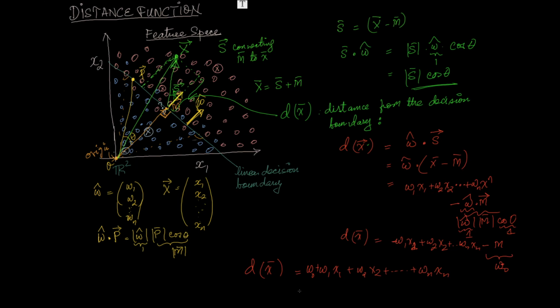More succinctly we can write it as W0 plus the W vector dotted with the X vector, and this is the result we were trying to derive. This is an important result.